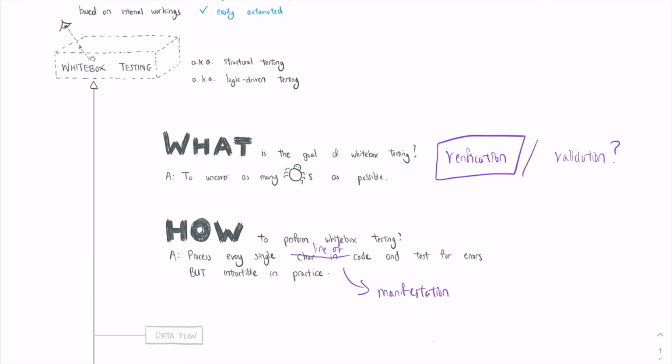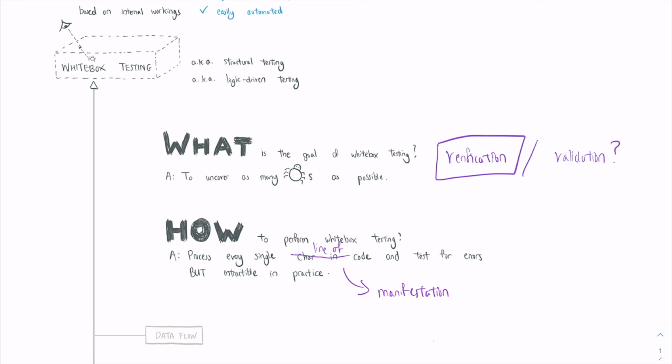Perhaps this sentence of processing every single whatever and testing for errors sounds a bit too vague. But the idea is really to run through all possible execution behaviors of your code in order to find faults and then eradicate them.